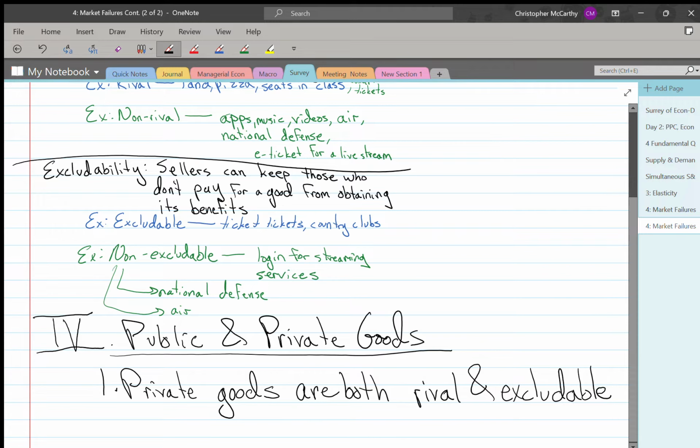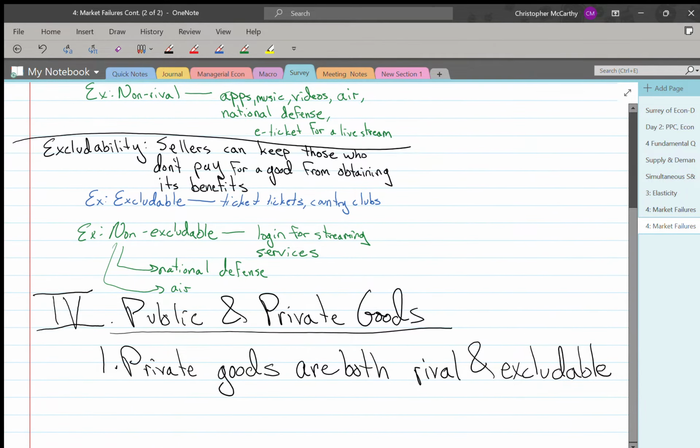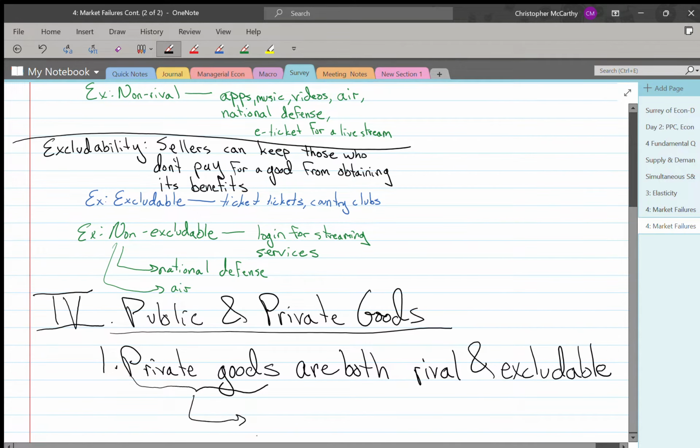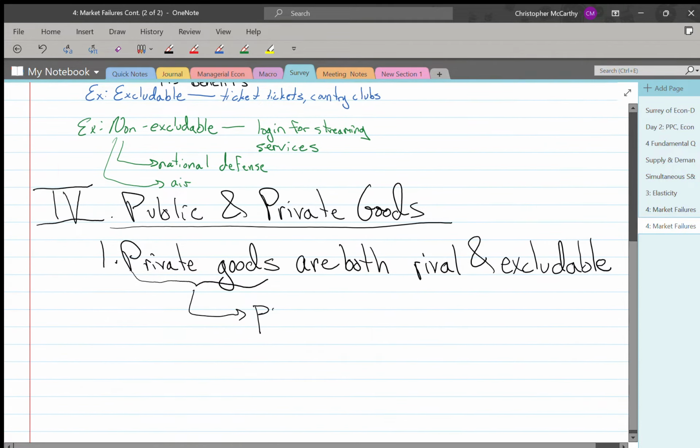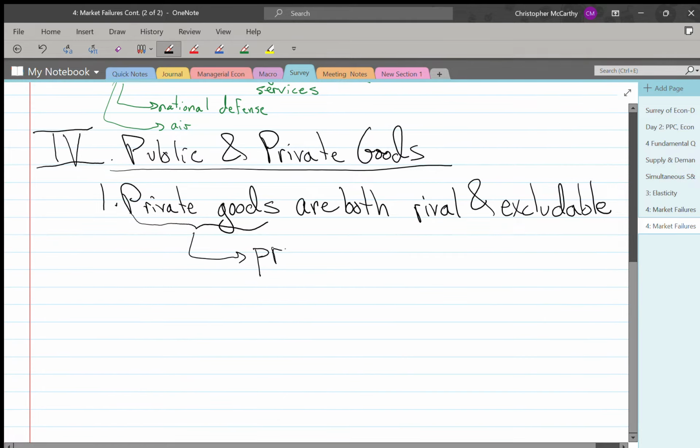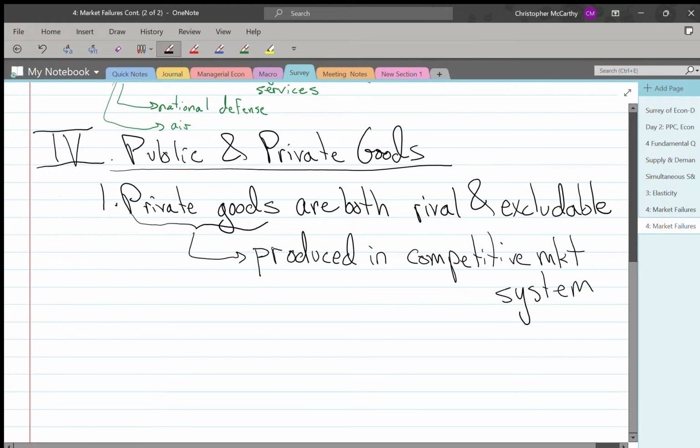They are produced in a competitive market system, and they are sold for a profit.